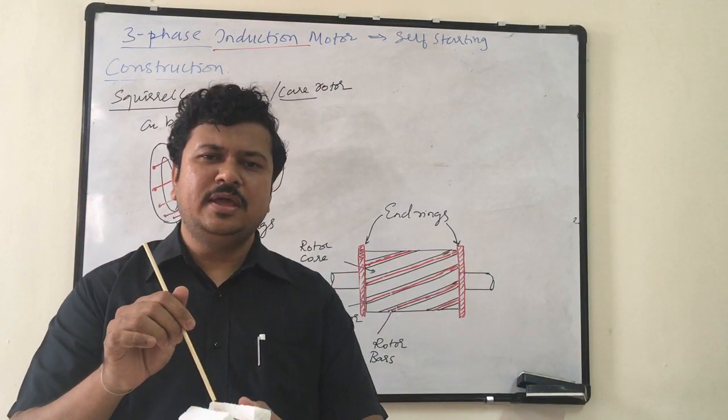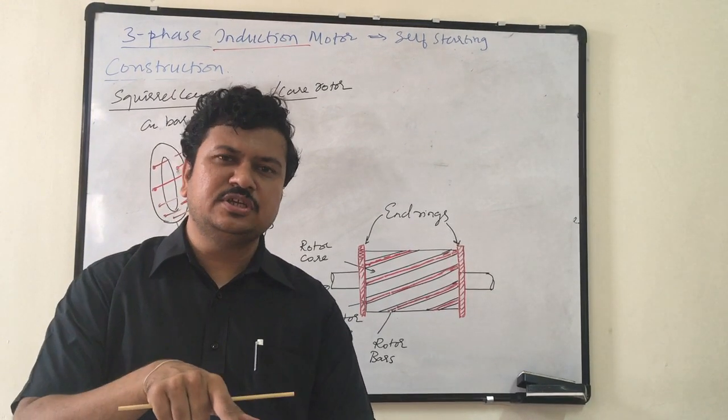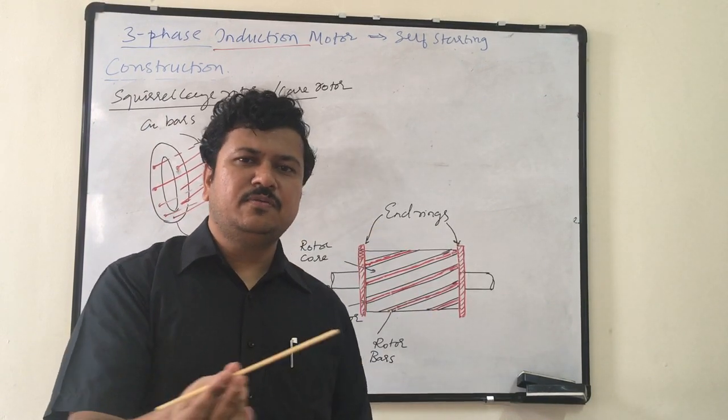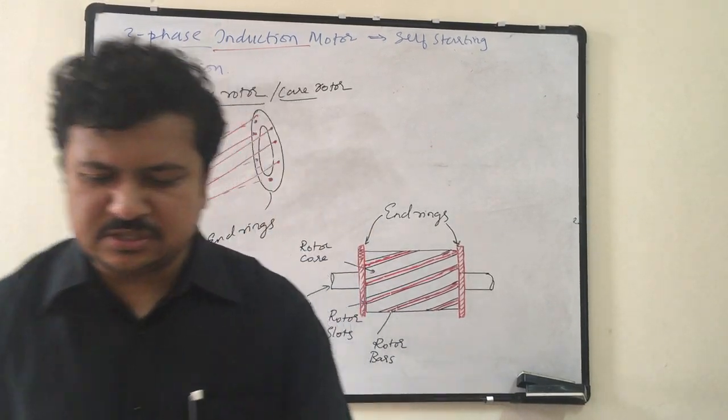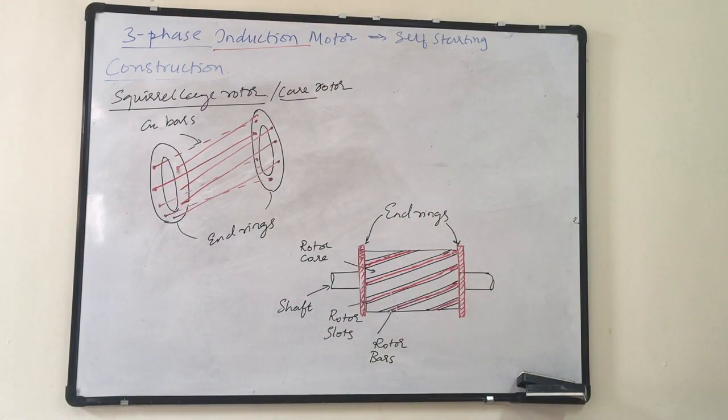R equal to rho L by A. Area is less, length is more. Therefore, resistance is more for this winding. Area is more, length is only this much. Therefore, resistance is very less. Because resistance is less, starting torque is less. That is the major disadvantage.